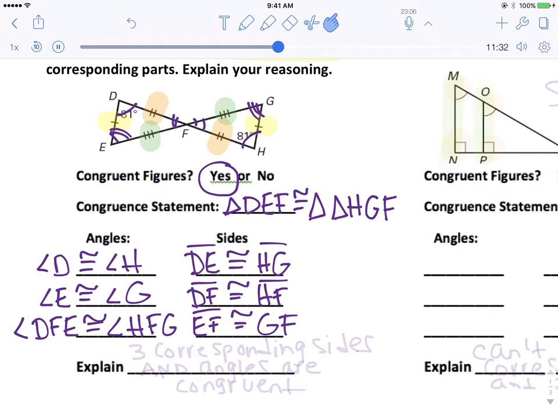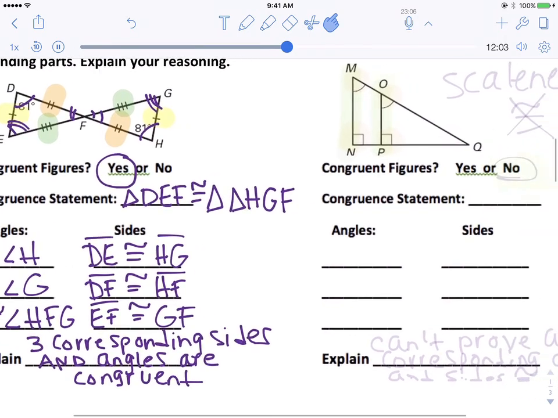So the reason that we can say that the triangles are congruent is because there are three corresponding sides and angles that are congruent. We can prove that because we were able to show all of those angles and sides matching up to each other.